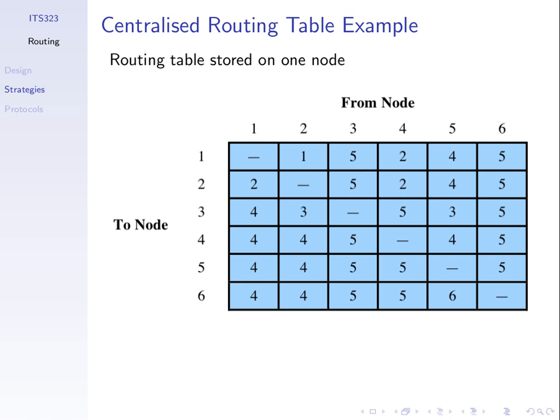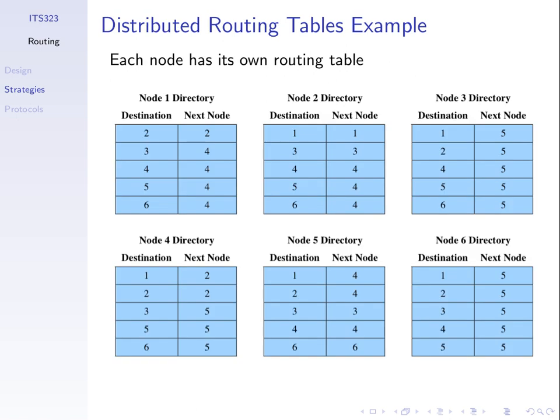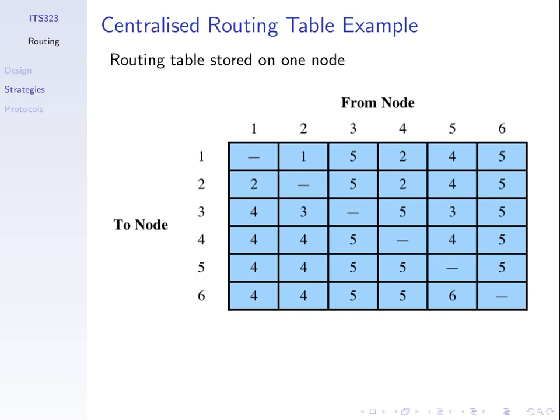In fact, this table is just a combination of the distributed tables. It's the same information. Look at the first column. From node 1 to 2, 3, 4, 5, 6, next nodes are 2, 4, 4, 4, 4.